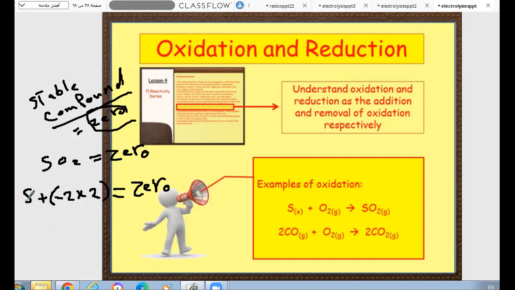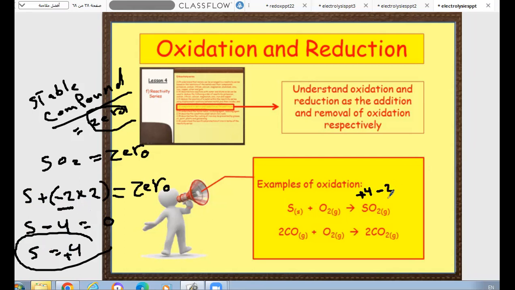So the sulfur's oxidation state, which we don't know, is the unknown oxidation state for us, plus the oxidation state of oxygen, which is negative 2 times 2 because I have 2 oxygens, so sulfur minus 4 equals 0. So the sulfur will equal 4, positive 4 oxidation state. So the oxidation state of the sulfur here will be positive 4. And each oxygen is negative 2.